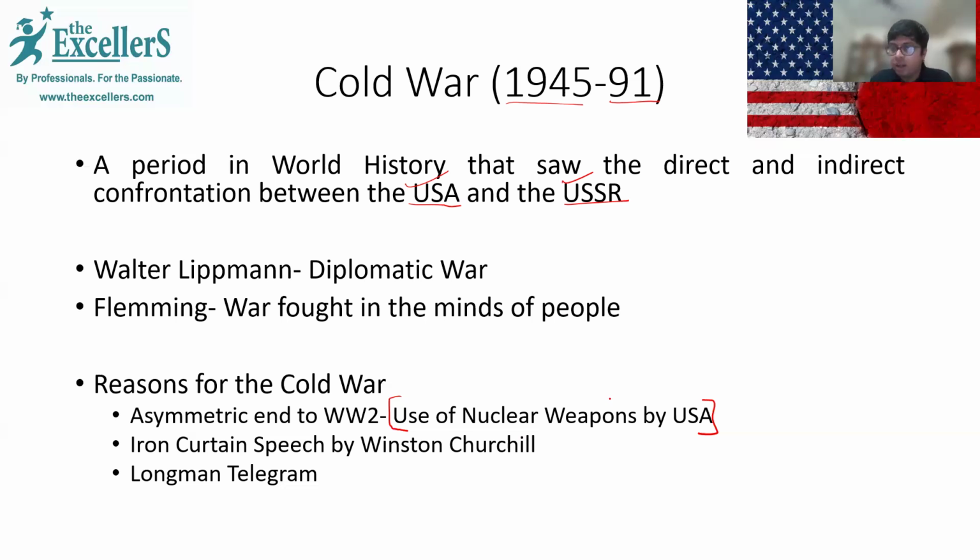That created fear in the next superpower, or the to-be superpower, USSR: we didn't have nuclear weapons, USA had nuclear weapons, and USA didn't inform us what is happening. That created fear in the minds of the leaders of USSR that USA is our imminent threat and needs to be confronted. Similar things happened in the US also, where George Kennan, a senior diplomat based in Moscow, had a feeling that USSR is perceiving USA as their biggest threat.